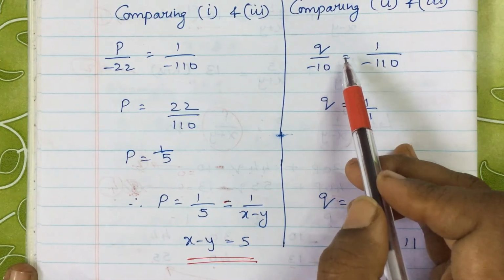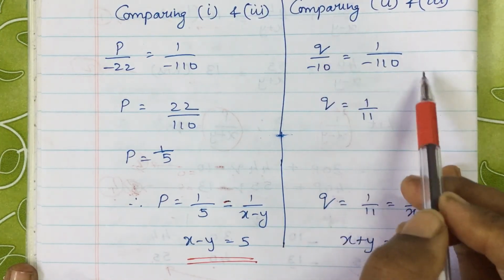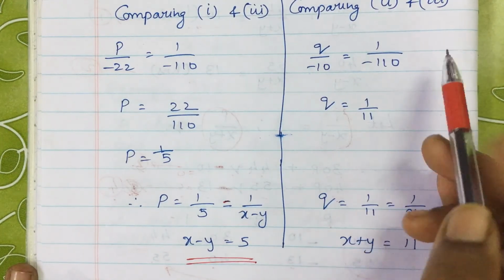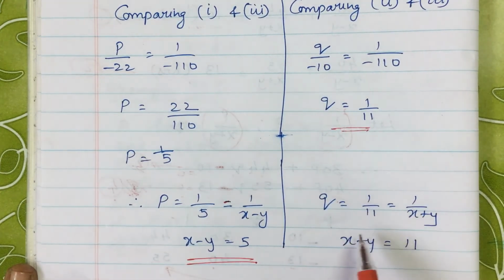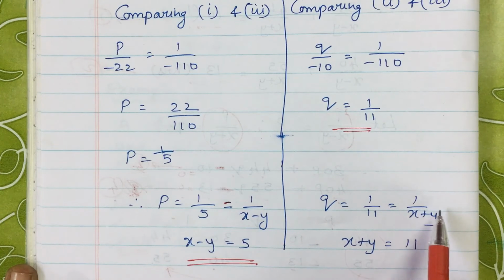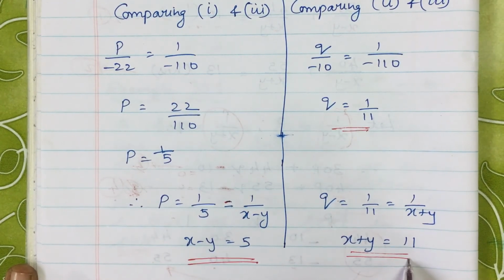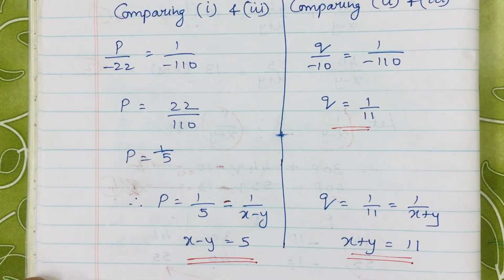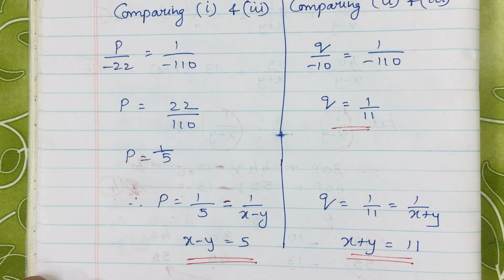Similar steps here: q by minus 10 is equal to 1 by minus 110. So q is equal to 1 by 11. But we have assumed q as 1 by x plus y, so you will be getting an equation like this. So you have not ended up directly with the values, instead you have ended up with equations. So again you have to solve these equations.